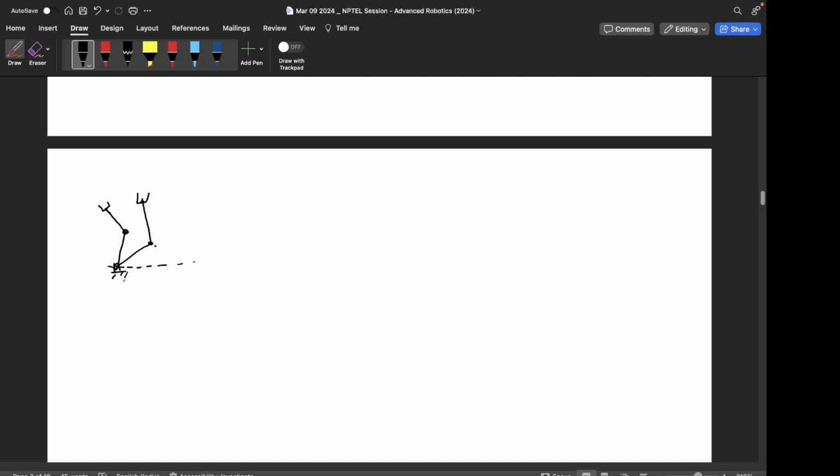So what information would you need? Let's call this configuration A and this configuration B. The manipulator goes from A to B, and another piece of information is that it starts from rest and ends at rest also.